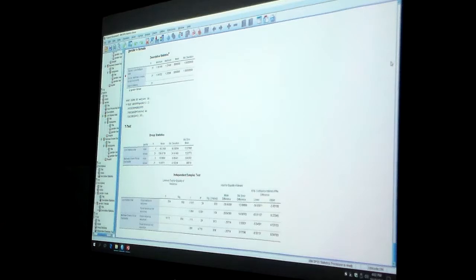Plus 21 minus 1 times 596.092. Okay, so I've got sample 1 minus 1 times the variance, plus sample 2 minus 1 times the variance, over 26 plus 21 minus 2.